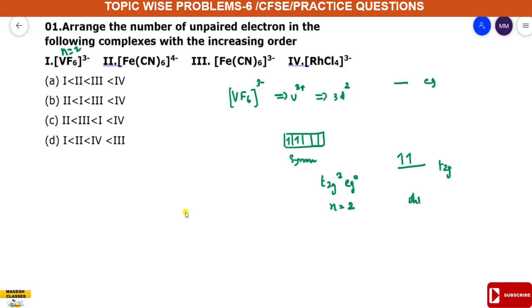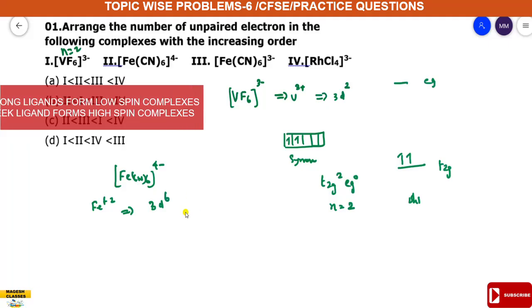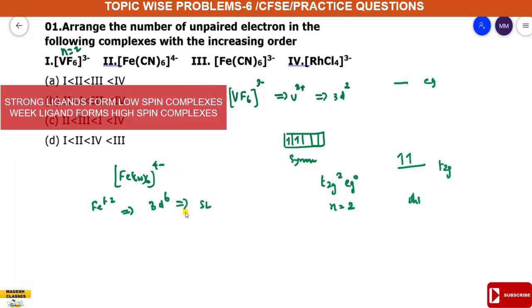Then the second one, [Fe(CN)6]4-. It is in the +2 state, 3d6. Cyanide is a strong ligand, so a low spin complex is formed. In the symmetrical field, 4 unpaired electrons are present.